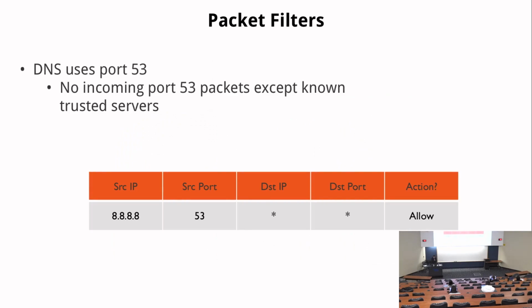We discard that packet. For example, we have a rule: no incoming port number 53, except from a known trusted server. We know that DNS uses port number 53 at the server side.